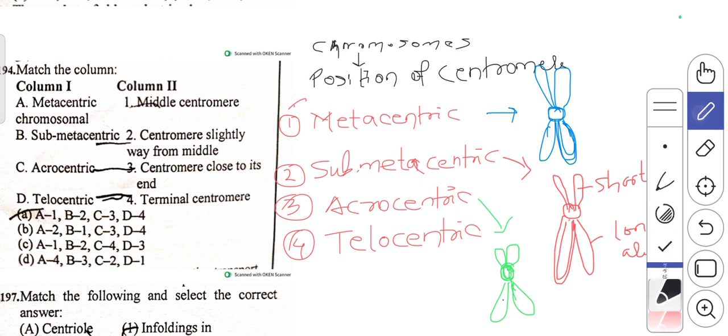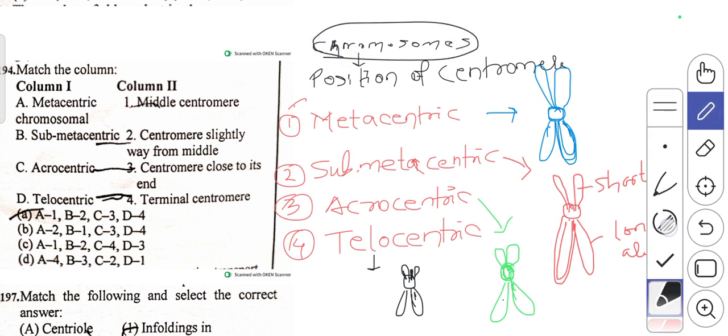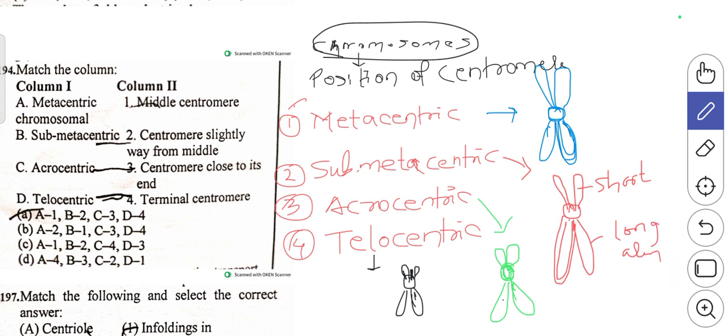Then the last one, that is the telocentric, where the centromere is at a terminal with one very small, one very large arm. So this is the classification of chromosomes based on what? Based on the position of the centromere.